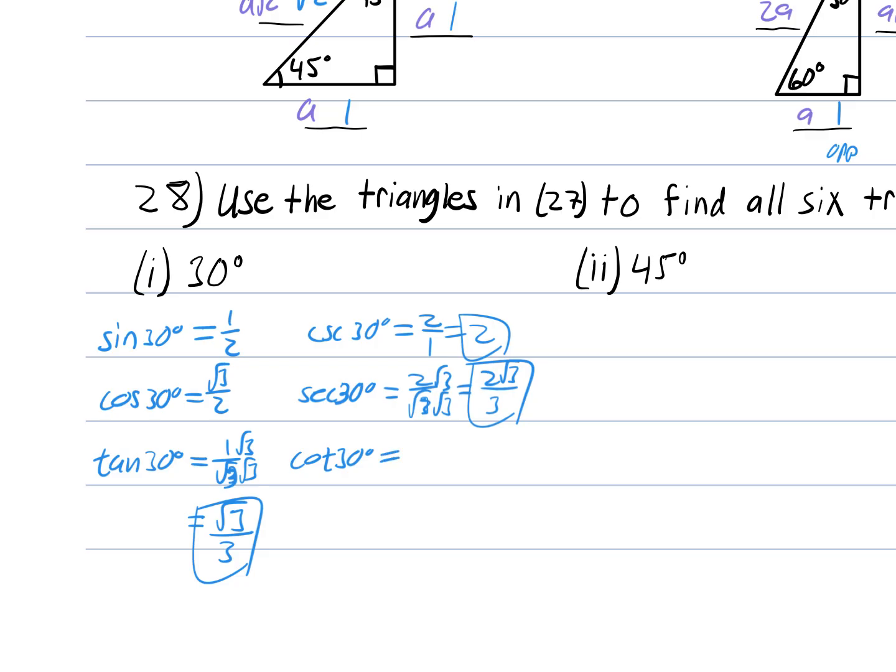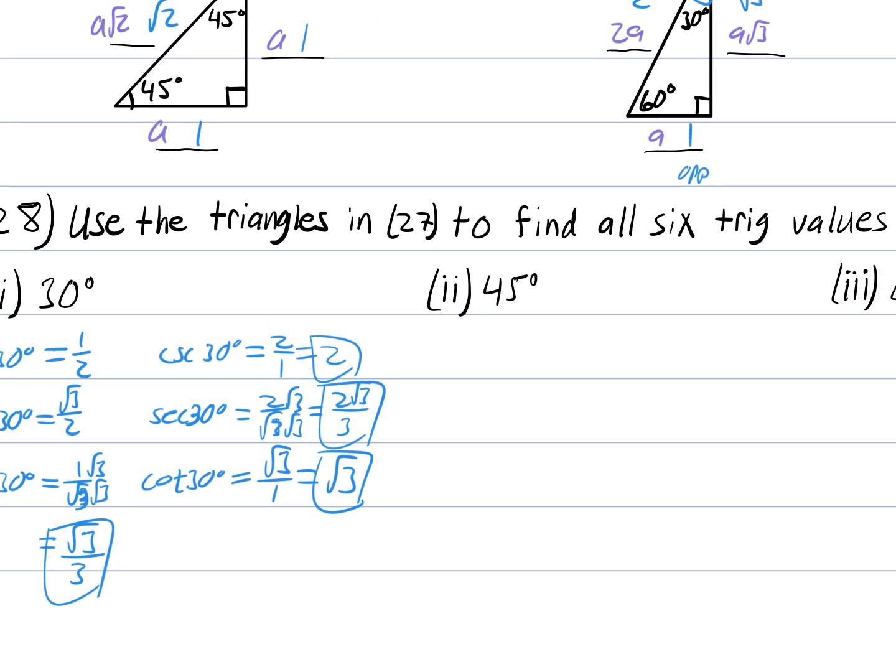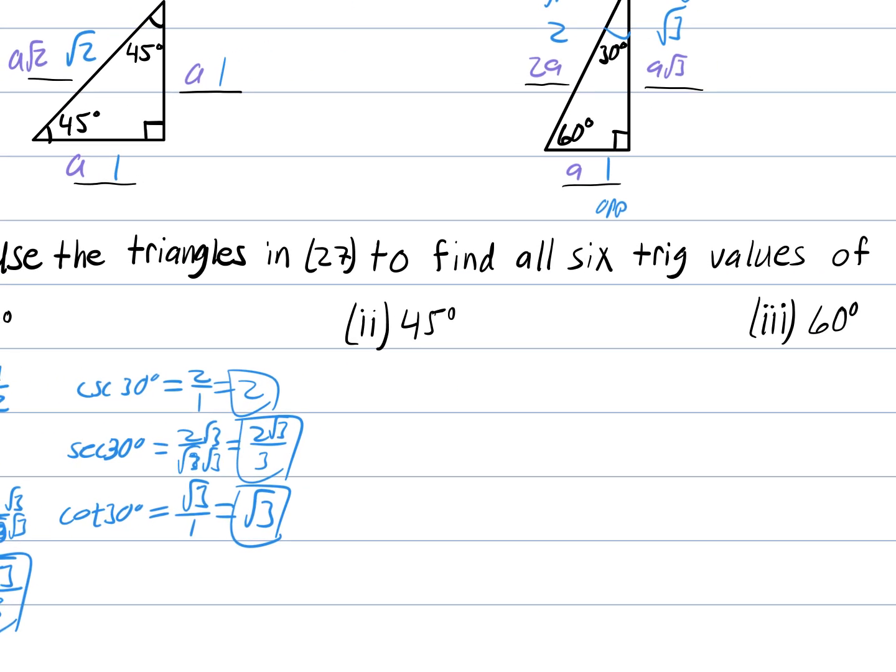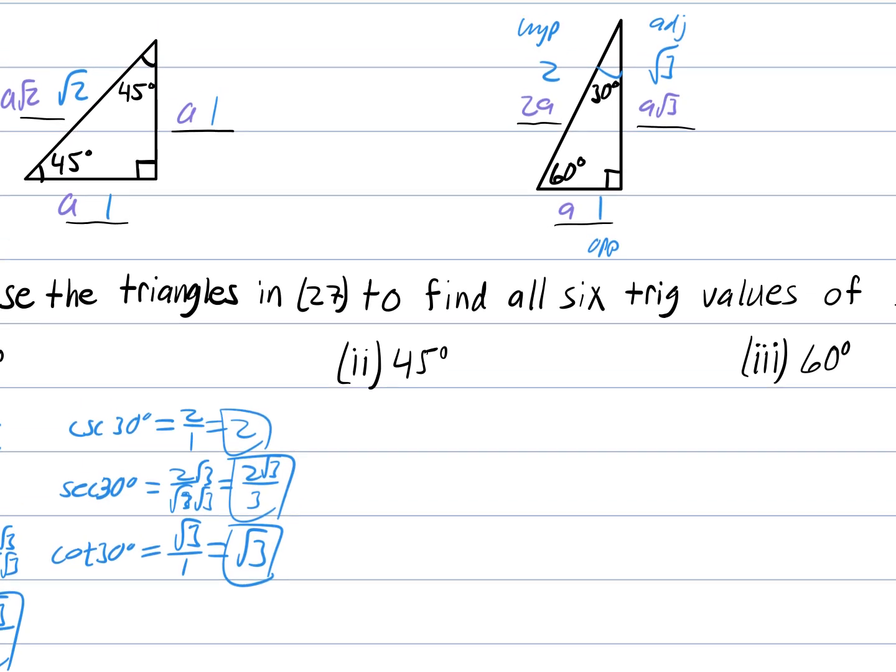All right, and then tangent, I can take the reciprocal of this, and I get cotangent, and it's going to be square root of 3 over 1, right, which is the square root of 3. All right, I can do the same thing with 45. 45 is going to be, all right, so sine, cosine, and tangent.